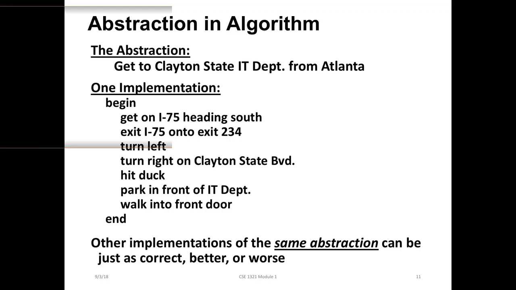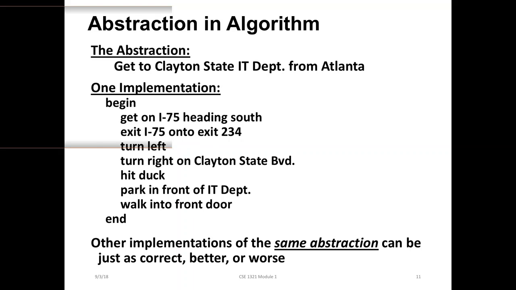If we say how to go to downtown, or how to go to Kennesaw State University or Clayton State University from Atlanta, this is an abstraction. It's a shortcut of your problem, right?